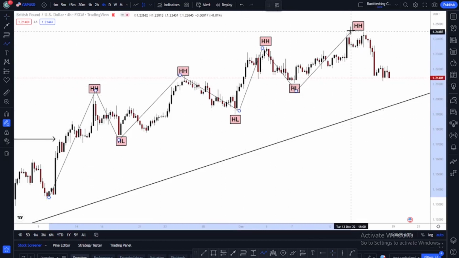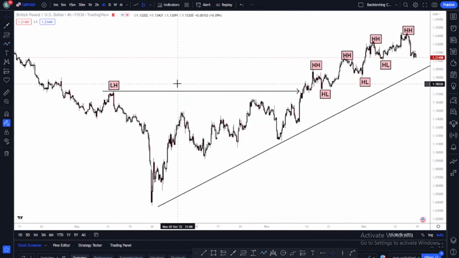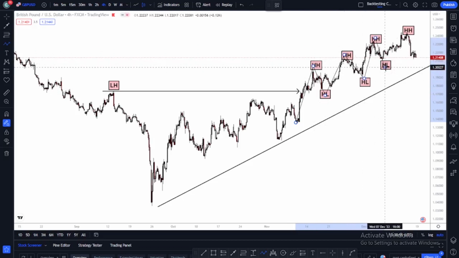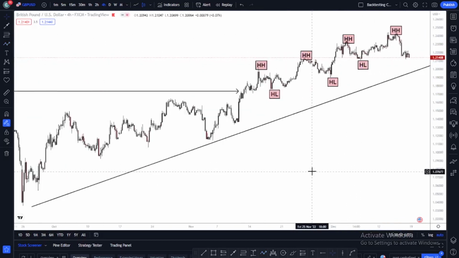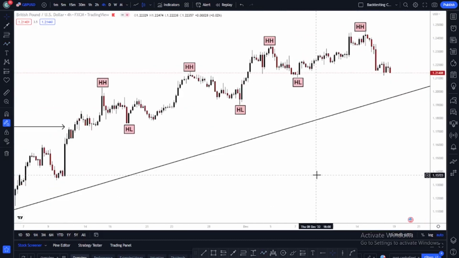If I zoom out, we can still see we are in an uptrend, because this was the last lower high price created, and it got broken by this higher high, which then became a higher low, continued with a higher high, a higher low, a higher high. Today I'm going to teach you how to catch the continuation of a trend.